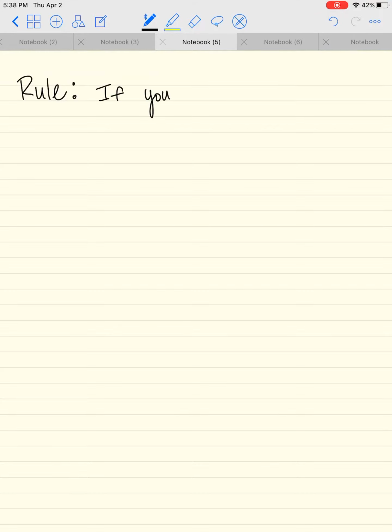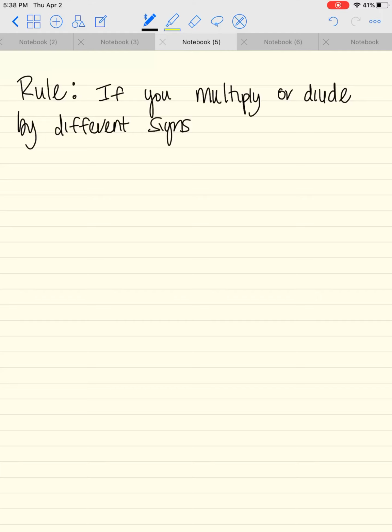So let's go ahead and talk about the rule or the pattern that we just created. If you multiply or divide by different signs, the answer will be negative.